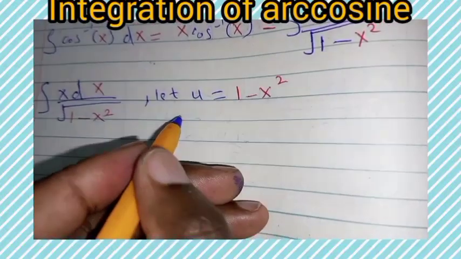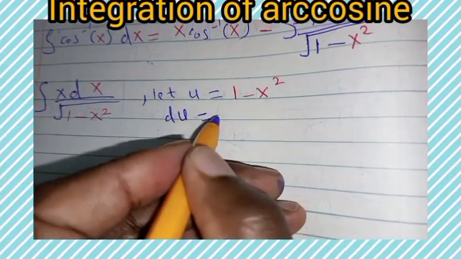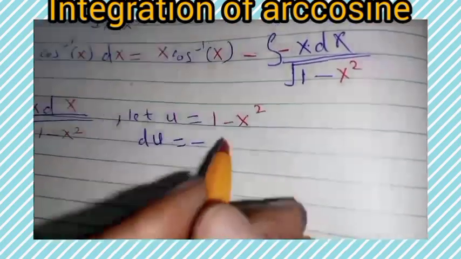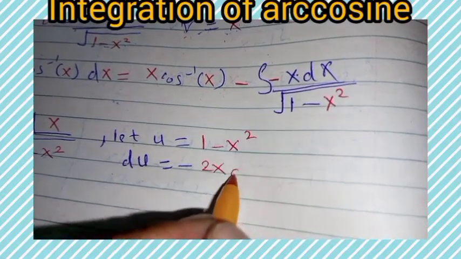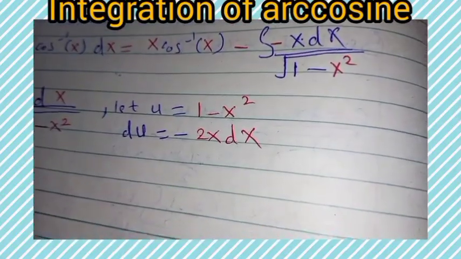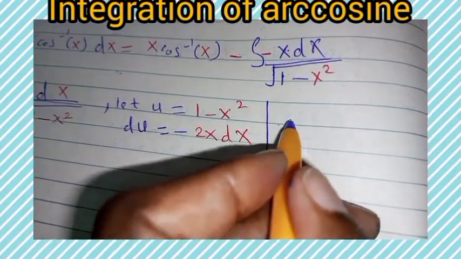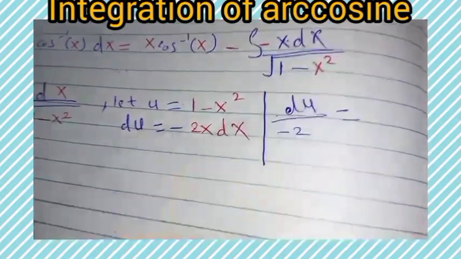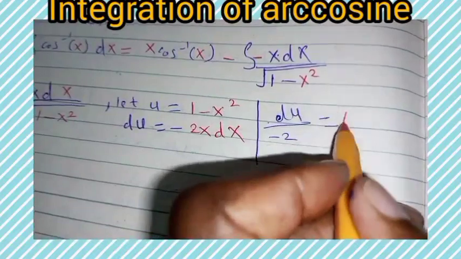Then we differentiate, du will be equal to negative 2x dx. Then you divide both sides by -2, so du divided by -2 will give you x dx.